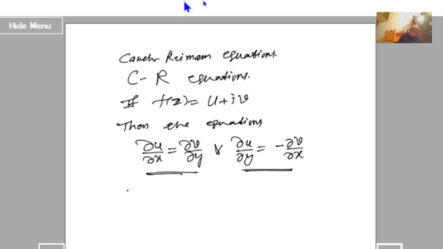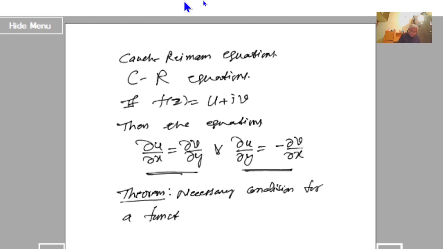Now we'll go to the theorem, necessary condition for a function f of z to be analytic.